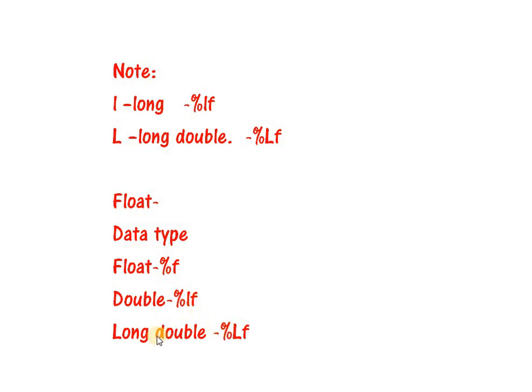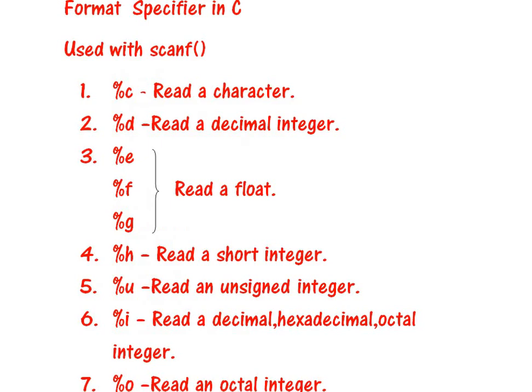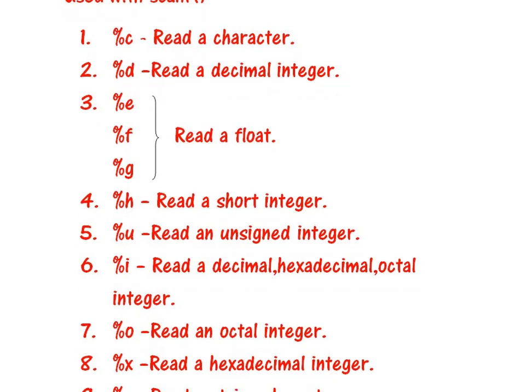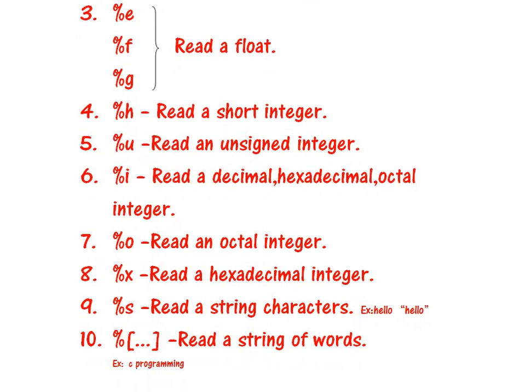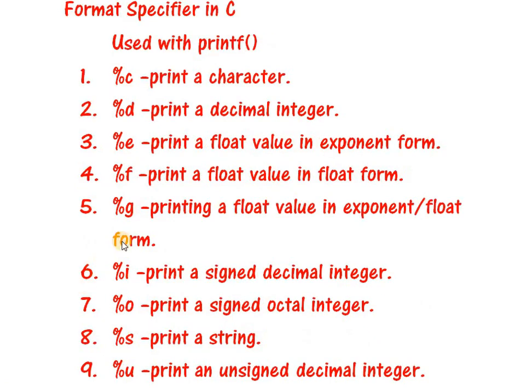For long and double both used together, we use %Lf for printf and scanf. So this is your format specifiers in C used for scanf, and the format specifiers used in printf.